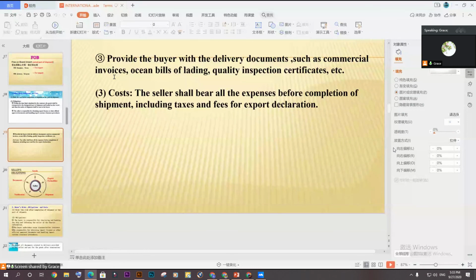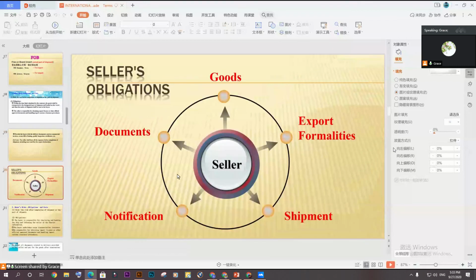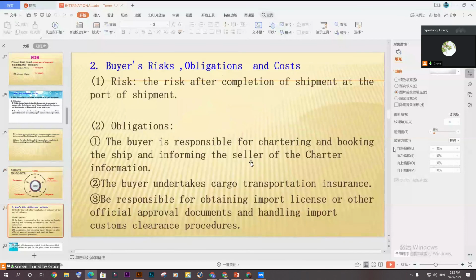So that is the documents. This is the seller's obligation, and maybe you can learn it easily with these pictures. And okay, this is the buyer's risks, obligations, and costs. So you can read it first.